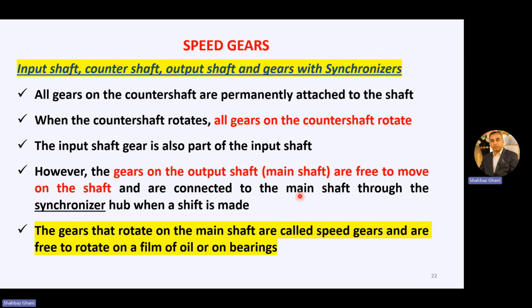The gears that rotate on the main shaft are called speed gears and are free to rotate on a film of oil or on bearings. So there is lubrication oil, or they are rotating on a bearing.